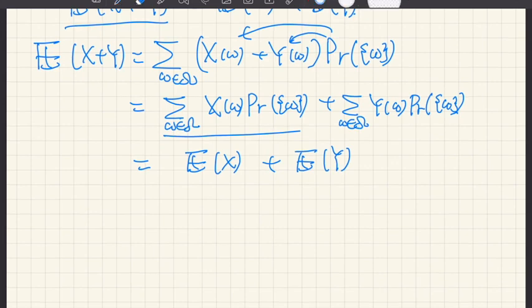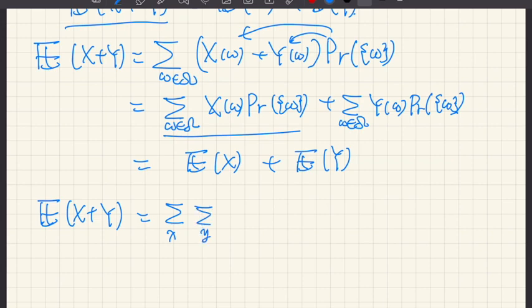But what if we apply the first definition of the expectation value? What does that mean? This means we take a summation over all possible values of x and a summation over all possible values of y, of x plus y, times the probability that random variable X takes the value small x and random variable Y takes the value small y.